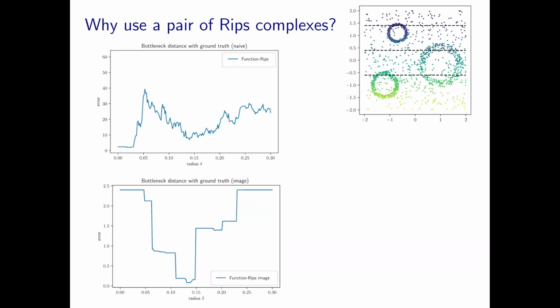So 2 observations. First of all, look at the scales on the left-hand side, because the one at the top seems to start much lower, but actually they start at the exact same value, around 2.5. And then, instead of going down and then up again, you have this typical U shape, where before here, you're not within the right range, so you get an estimator that is much wilder than it should be. Then you get into the right range, and so your estimator is much tamer.